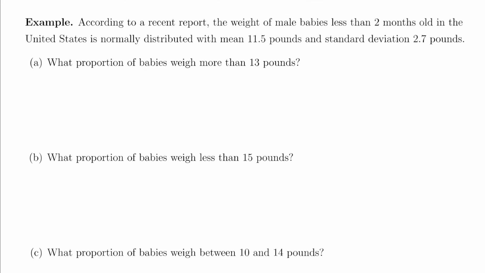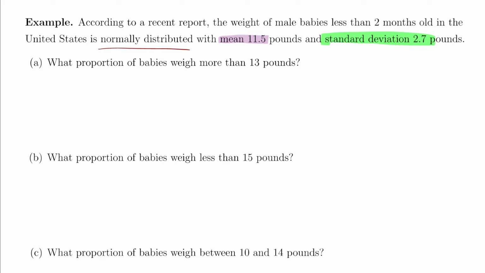According to a recent report, the weight of male babies less than 2 months old in the United States is normally distributed, and we have a mean of 11.5 and a standard deviation of 2.7 pounds. We're asked to find the proportion of babies that weigh more than 13 pounds. So we have a normal distribution.